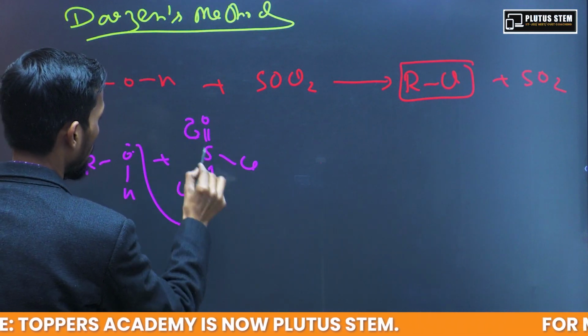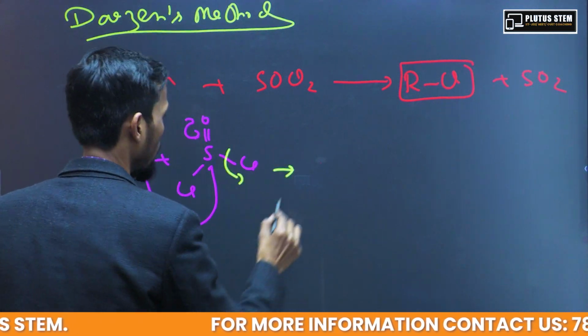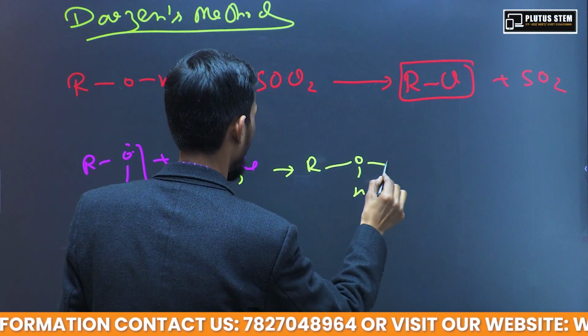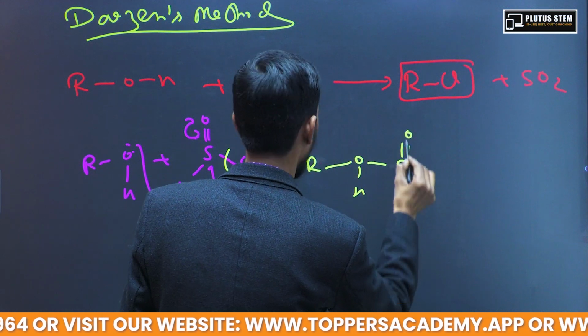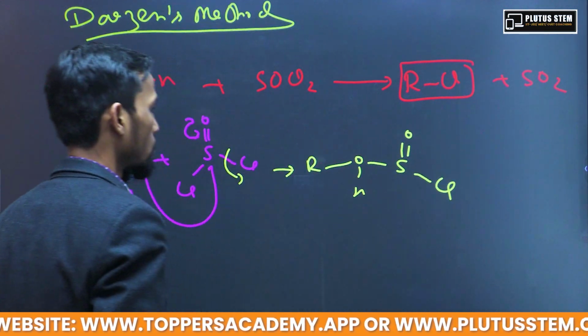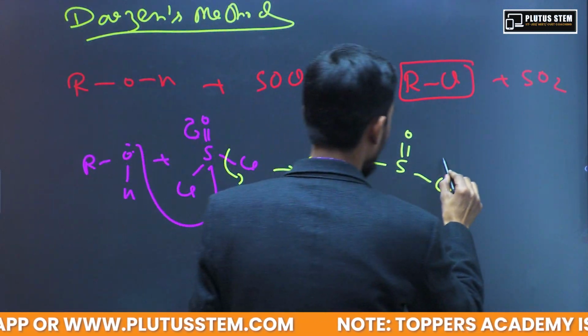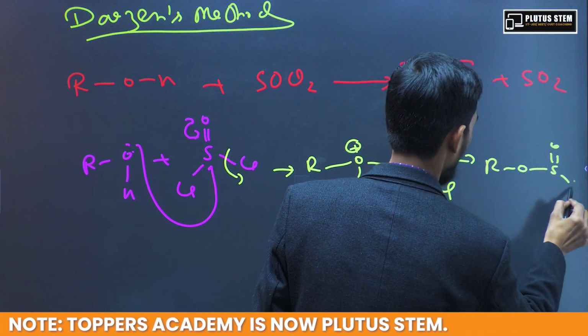It will go up and come back and this Cl will leave from here. We will have ROH, S double bond O, Cl. So there is a positive charge here. This Cl will take this positive charge. It will become RO S double bond O, Cl.